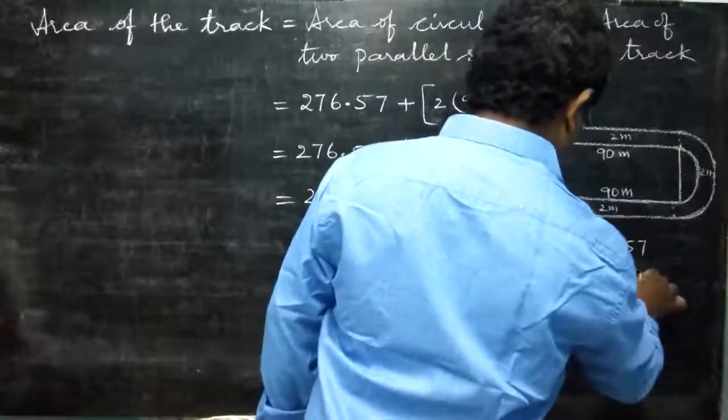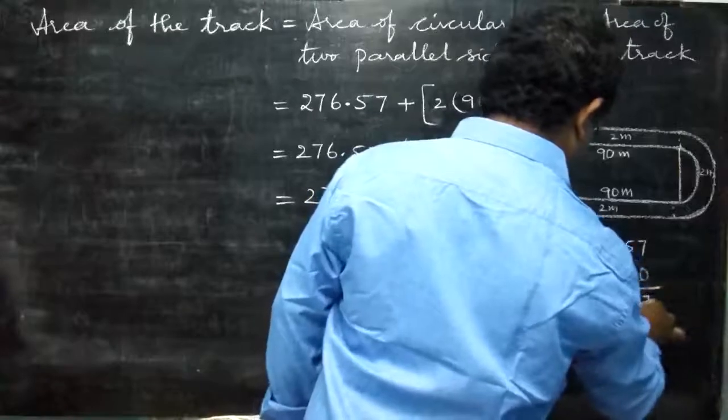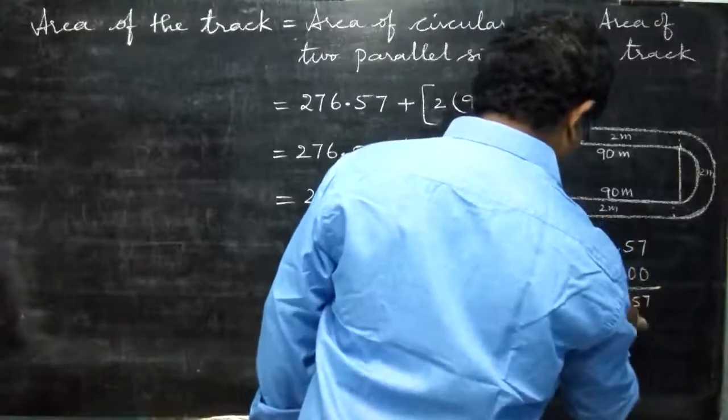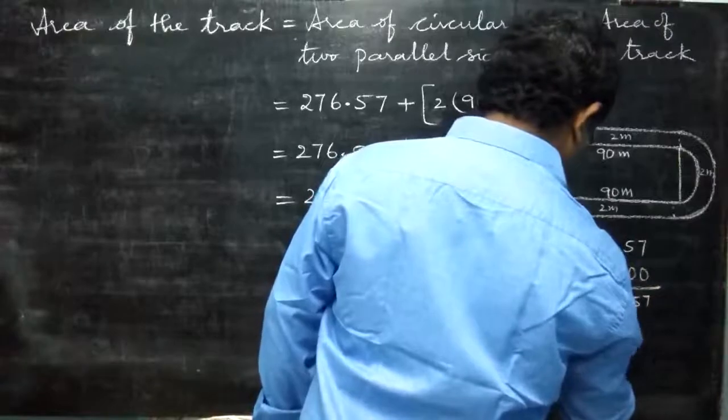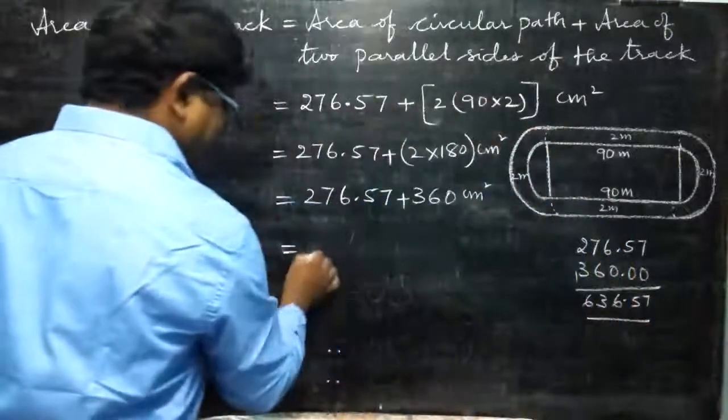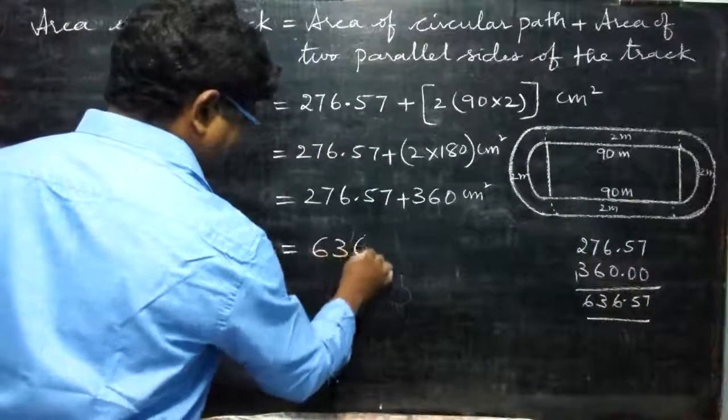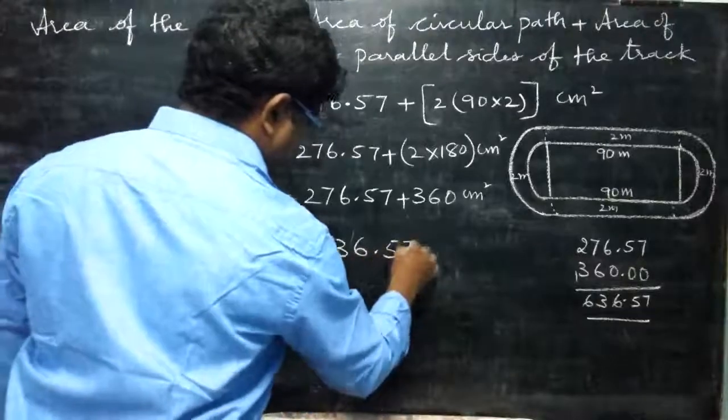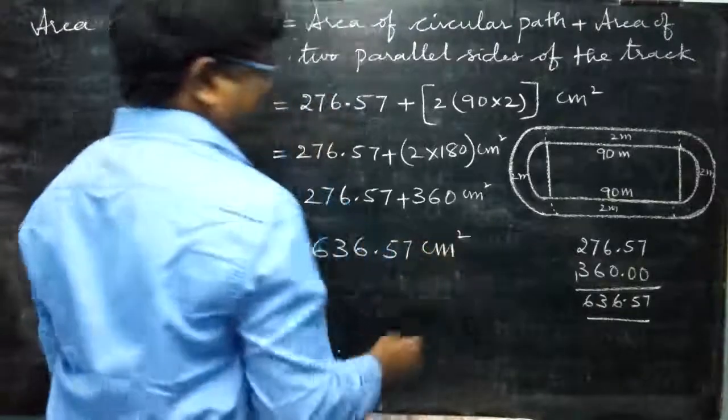Add. How much area did you get? 636.57 square meters. Did you understand?